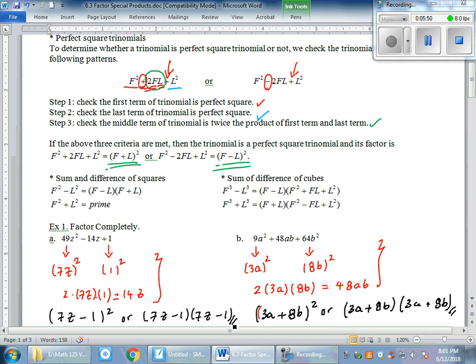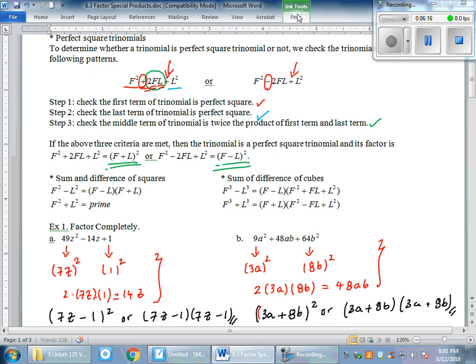Now let's move on to the next, which will be sum and difference of squares. So how do we determine a sum or difference of squares? You only have two terms. Sum and difference of cubes also have only two terms.